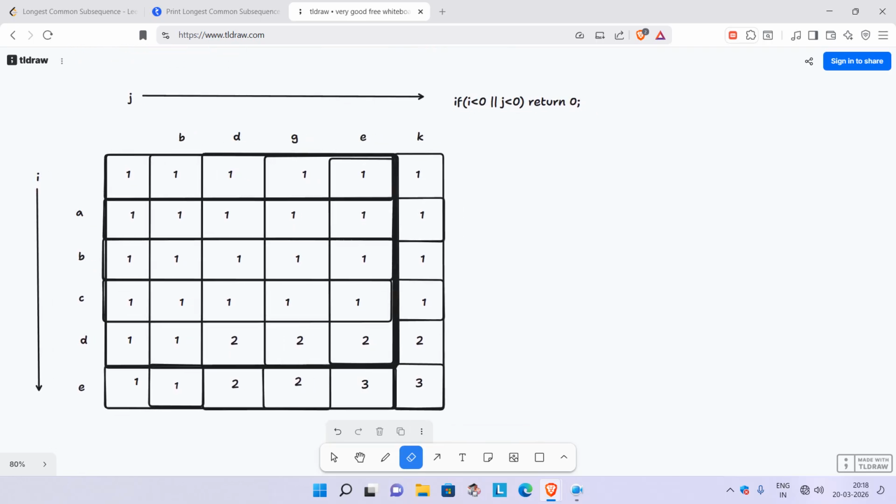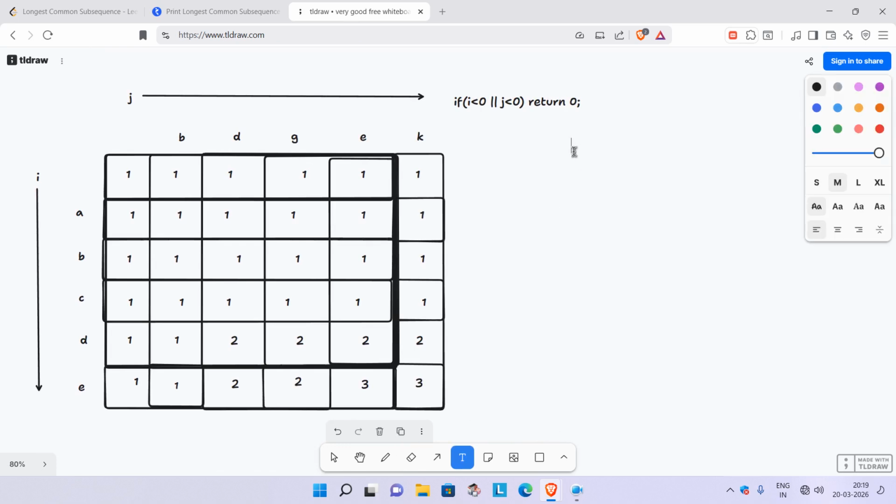For this, first of all, I'll take a bigger test case to understand it well. So s1 is a, b, c, d, e, and s2 is b, d, g, e, k.